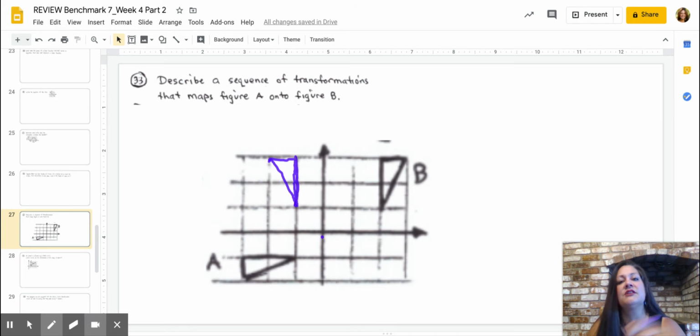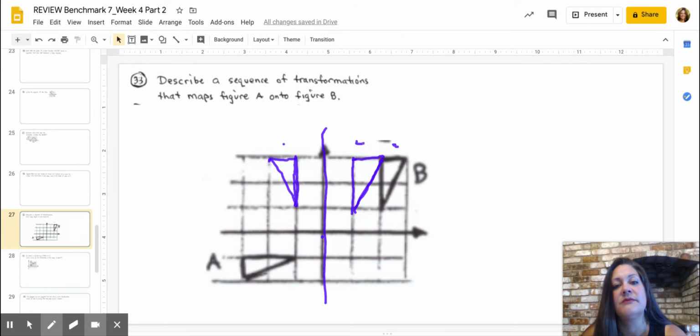Then if I look at it, they look like mirror images between here and here. So I am then going to reflect across the y-axis. So that brings us to here. Okay, so it's a mirror image. Then I'm going to translate it, which means just scooch it. So then it's going to be translated.